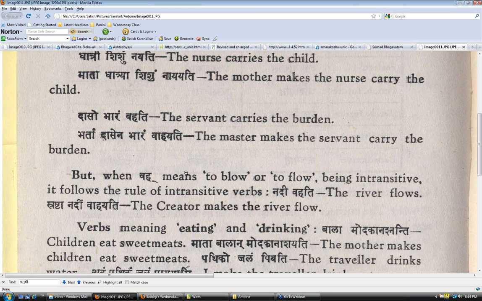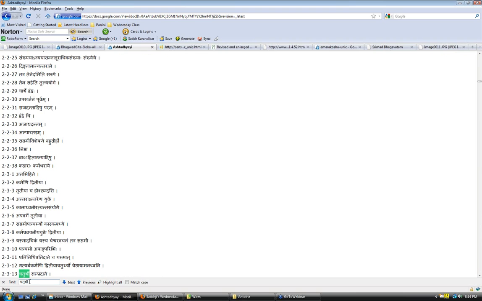Okay. Now it says, but vah means to blow or to flow. So it is intransitive. So this is only for the, because if it falls in the akarmaka, so bottom line is that if you fall in any of these categories in 1452, then it will get the karma sanya.